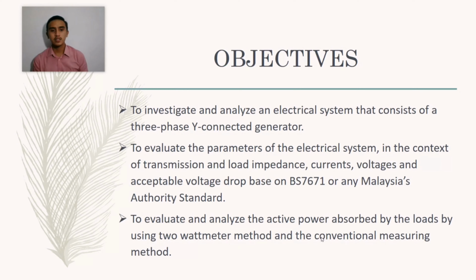The second is to evaluate the parameters of the electrical system in the context of transmission and loads, impedance, currents, voltage, and acceptable voltage drop based on BS7671 or any Malaysian authority standard. And the third, which is the last objective, is to evaluate and analyze the active power absorbed by the loads by using the two-wattmeter method and the conventional measuring method.